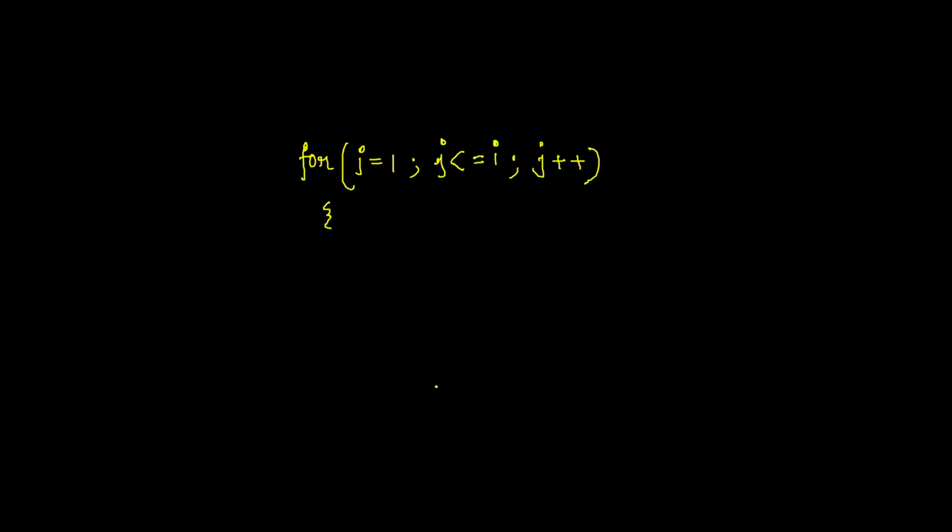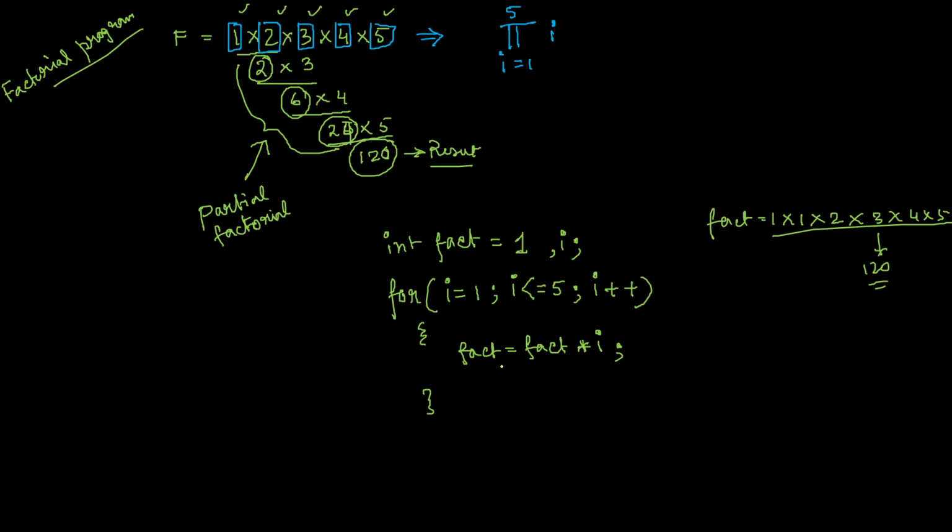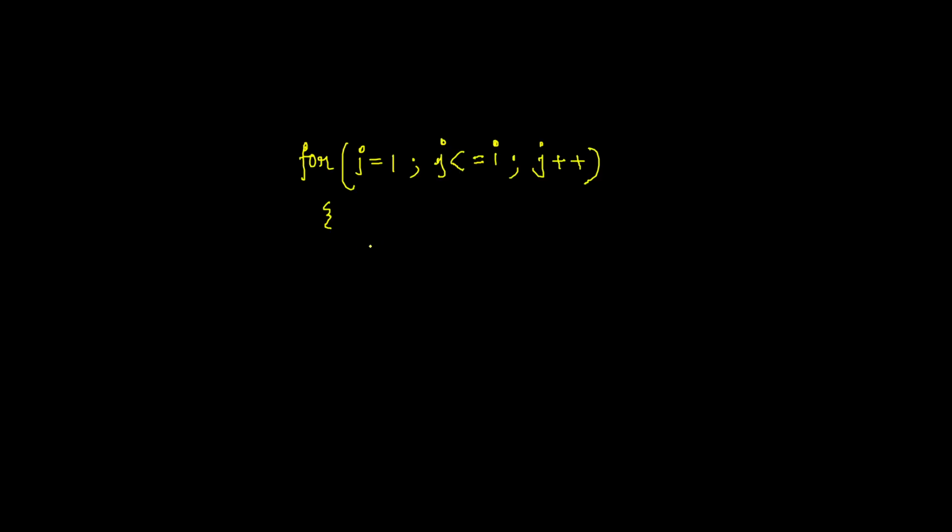That means basically we have to write this statement within the loop of j. So here I will write fact equal to fact into j, and obviously your factorial is equal to 1.